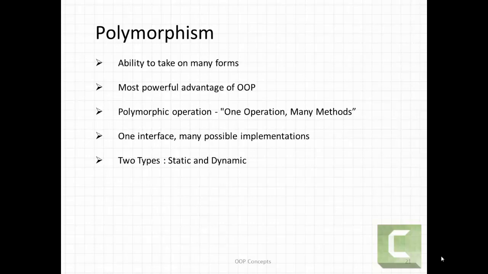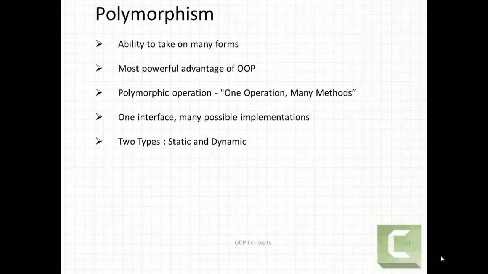That method is called polymorphism in OOPS. There are two types of polymorphism: static and dynamic. Static polymorphism can be achieved in a single object, and dynamic polymorphism can be achieved when you are inheriting the behavior from an existing object.